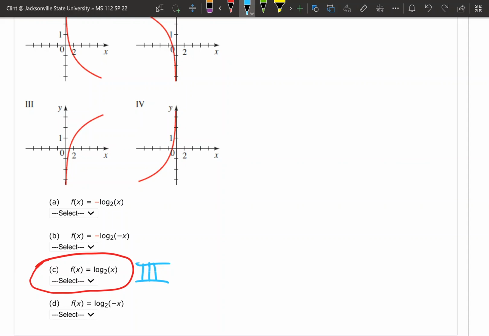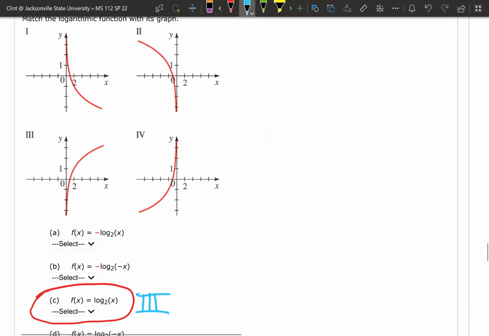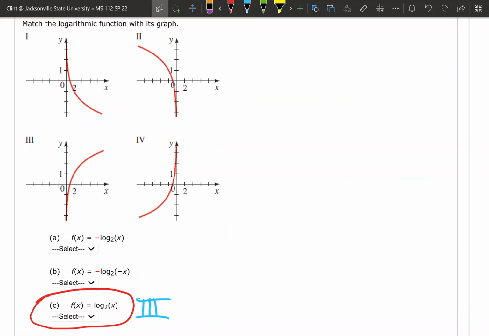Okay. So then I would probably try to pick out A next, because it's the one that just has a minus sign out in front of the whole thing. I know that's going to flip the top and the bottom. So if I'm starting with number 3, I flip the top and the bottom. Which one's that going to be? That'll be 1. Okay. So these are just flipped over the x-axis. 1 and 3 are.